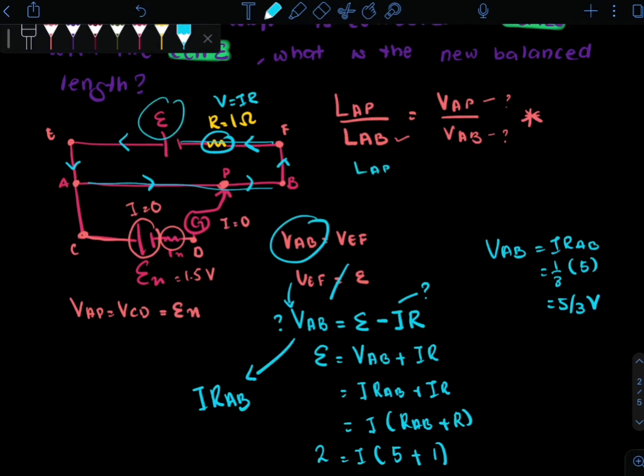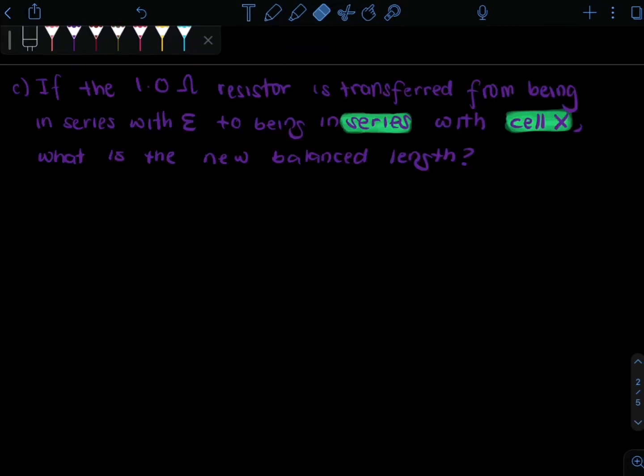So your LAB now over 100 cm sama dengan VAP adalah 1.5, VAB adalah 5/3. So you press your calculator, you get LAP approximately 90 cm. So this is your new balance length. This is because there is presence of a resistor.